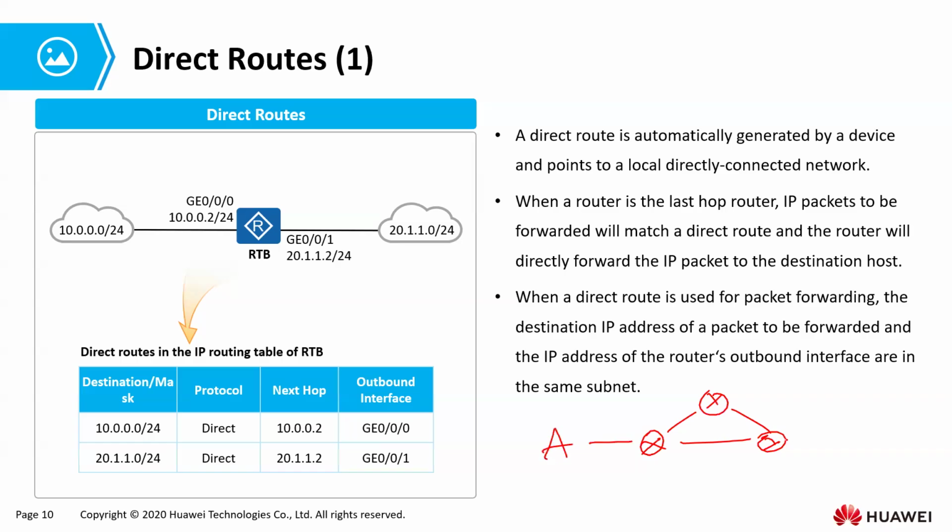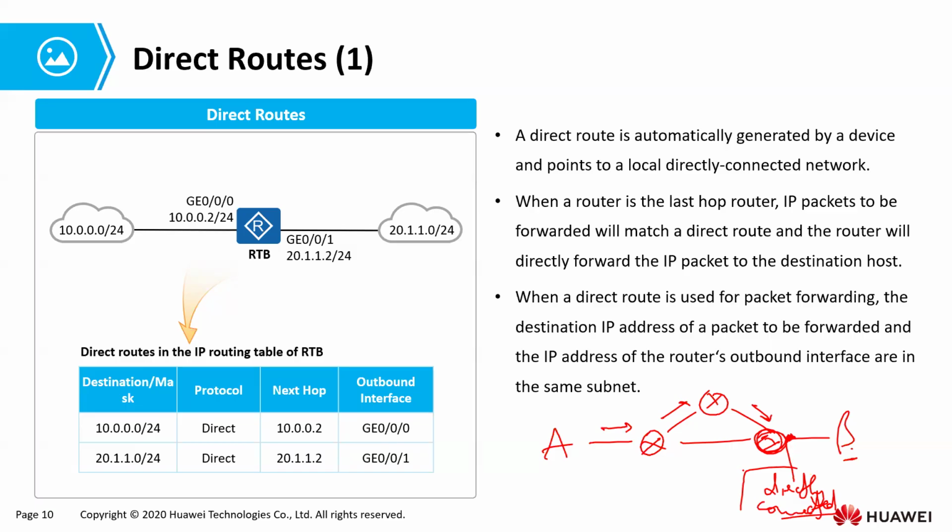This is network A, this is network B. If I want to send information to B, when the information gets to the router going to B, that route is directly connected. So if you are sending information to any destination network, you realize that the last hop is always a directly connected network.